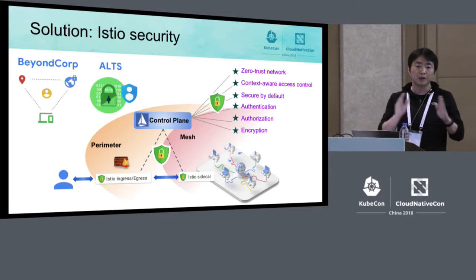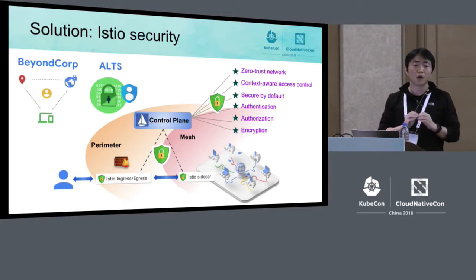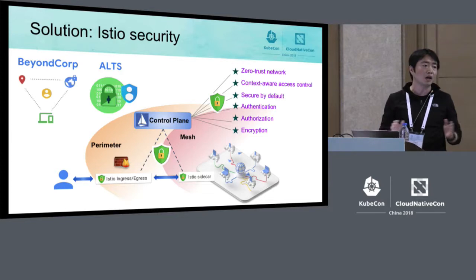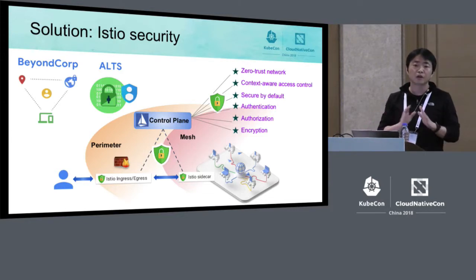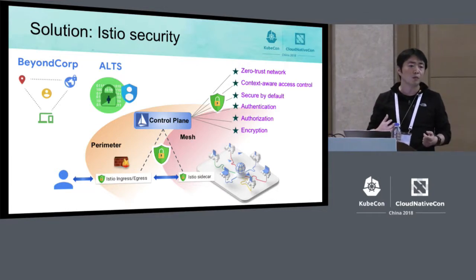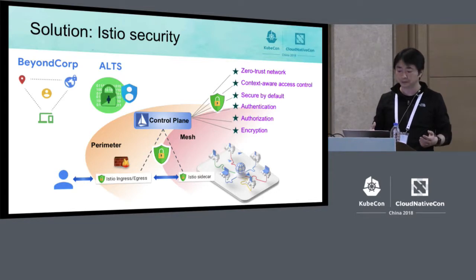The service owners don't need to change a line of their code. The enforcement is transparent to the service owner, so they can focus on developing their business logic without spending time managing security.